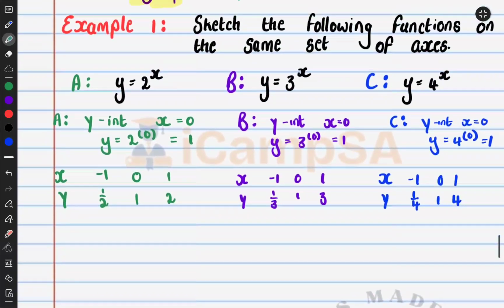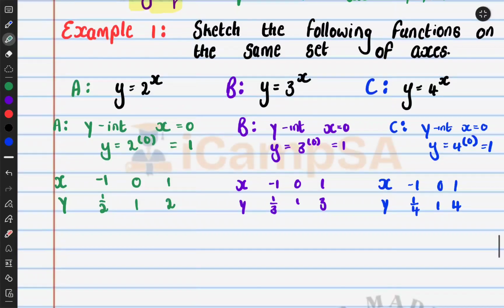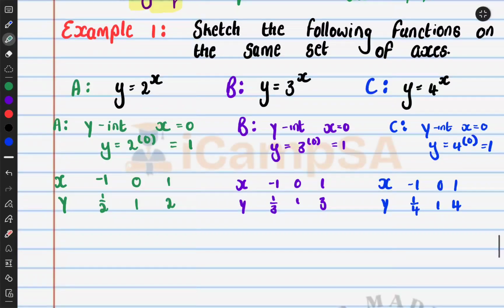What did we say about p when we are dealing with exponential functions with p greater than 1? As the value of p increases, the graph becomes steeper and steeper. So that is what we are essentially expecting to see here.